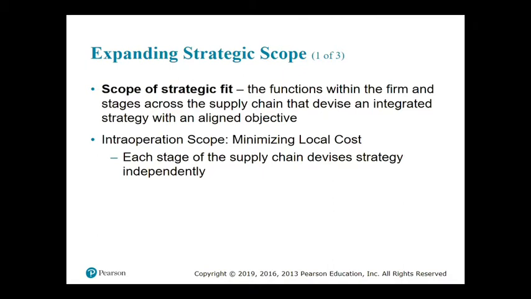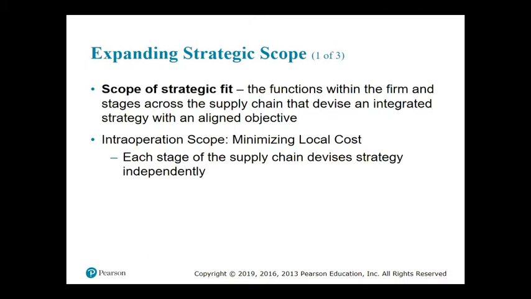So we're going to ignore the one extreme of every operation minding their own business and start with intra-operational scope. Intra-operation scope means that each stage of the supply chain will devise their strategies independently, and their goal is to minimize their local cost.